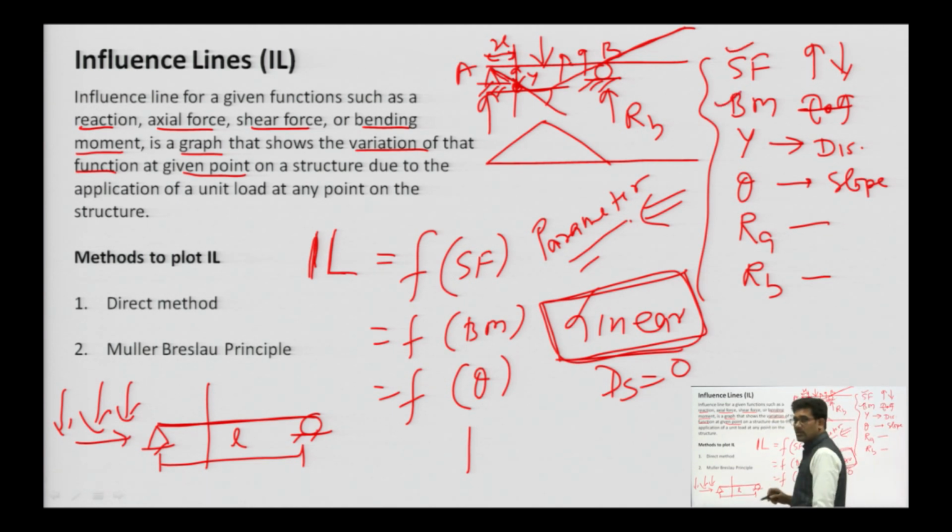The identification of such a position is determined with the help of influence lines. This is an important function of influence lines.